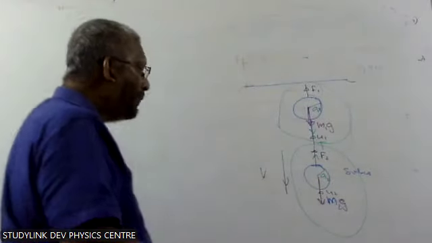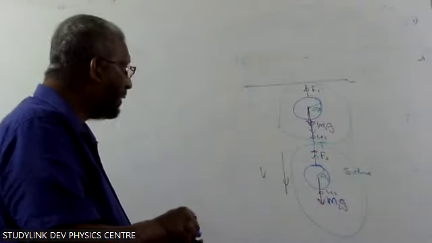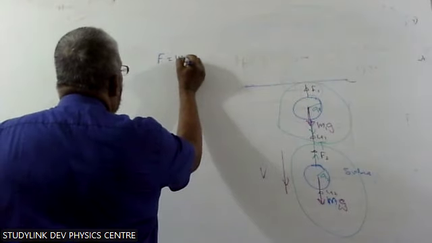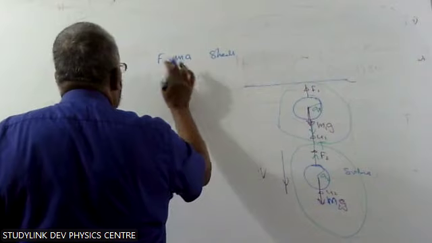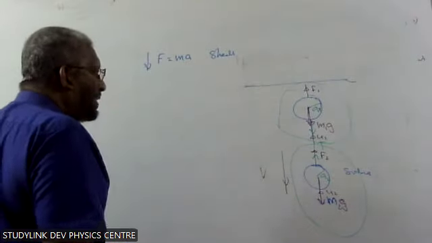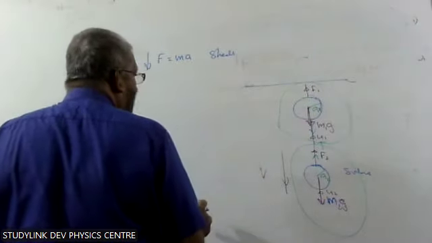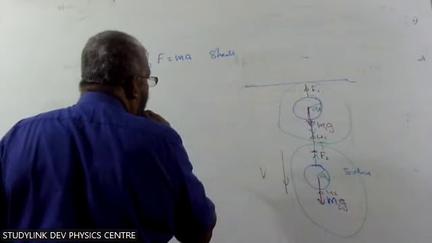Now you can identify the two spheres and apply F equals ma for the shell. When you apply it, always draw the arrow downwards because direction is needed. The shell is this. Then the downward force is M1G.